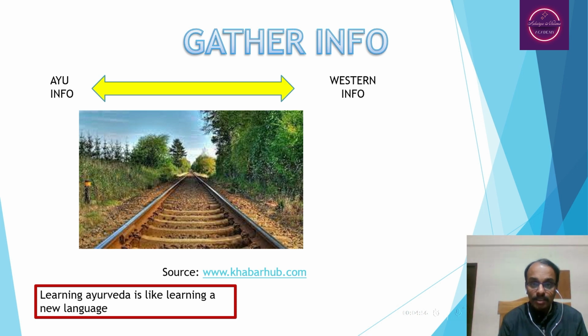Otherwise, there is every possibility that you can move out of this particular track. That is why both of them have to be learned, and if you want to have proper knowledge, mix them at different intervals so that you can have the right knowledge.